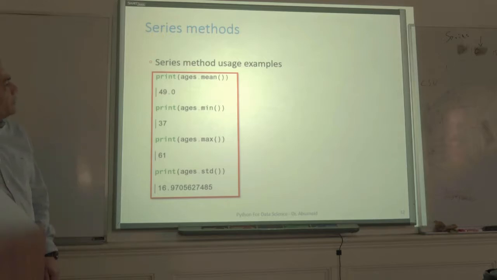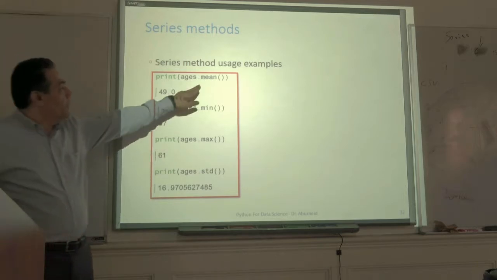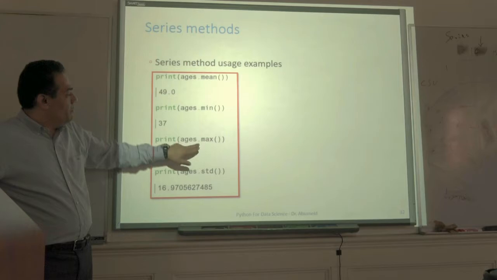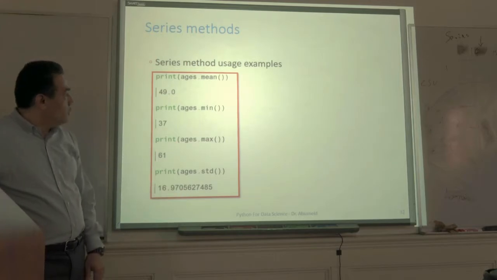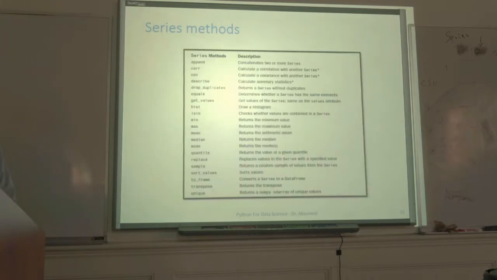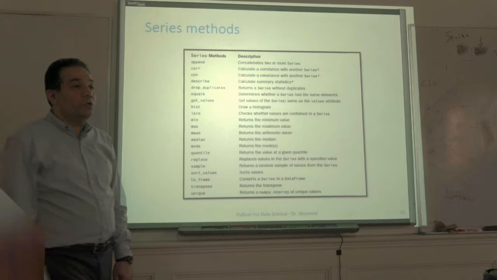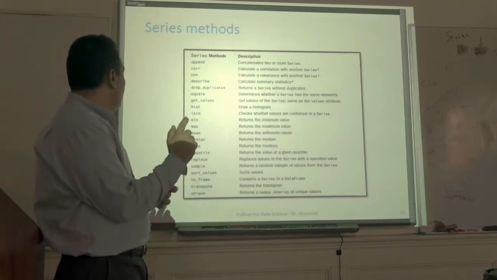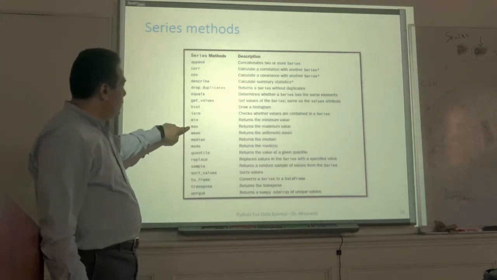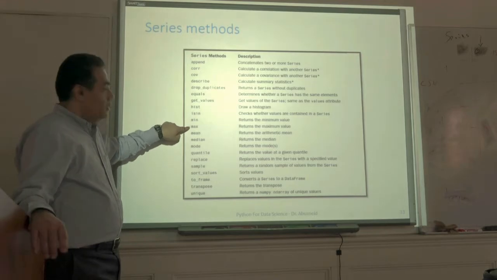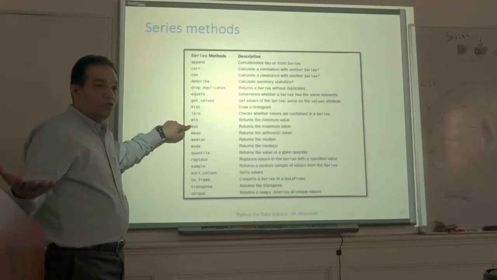I think there is another data set I forgot to mention that we loaded. You can calculate the mean, the minimum, the maximum, the standard deviation from that. There are a lot of series methods that you could use. So far we've used max. Just be logical.